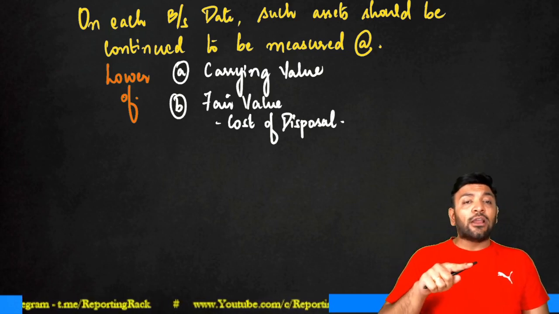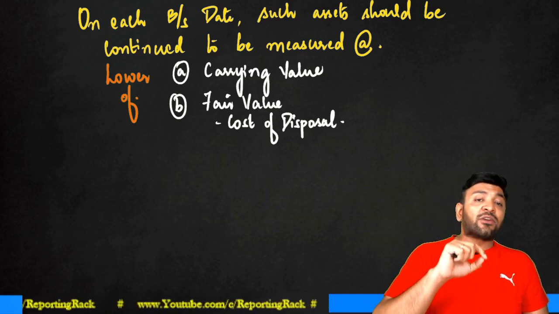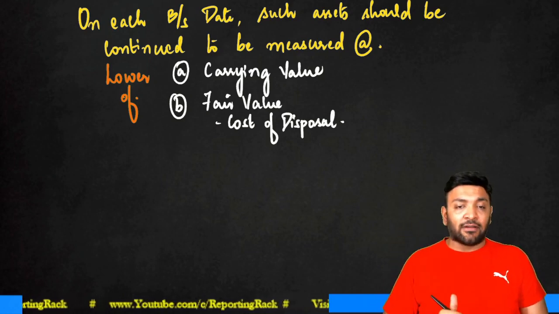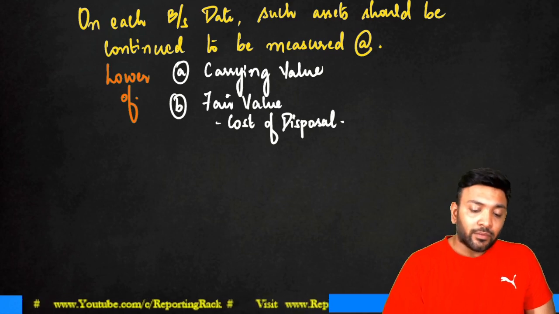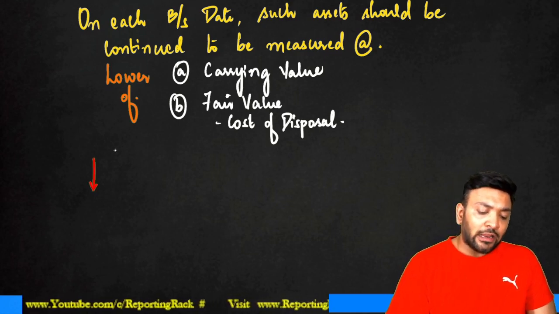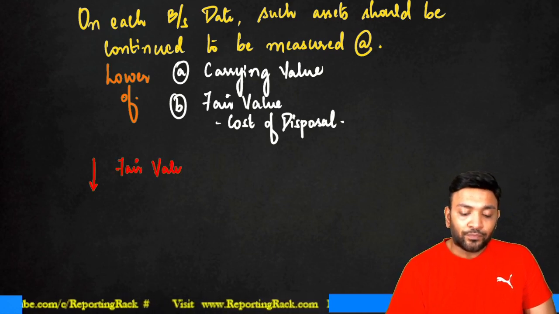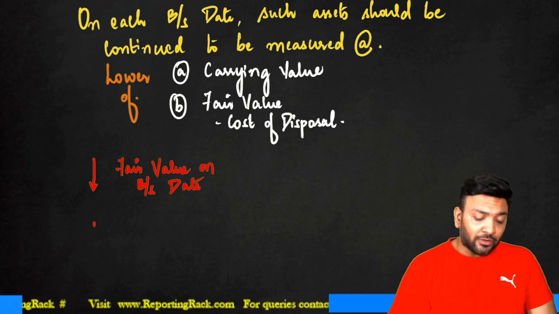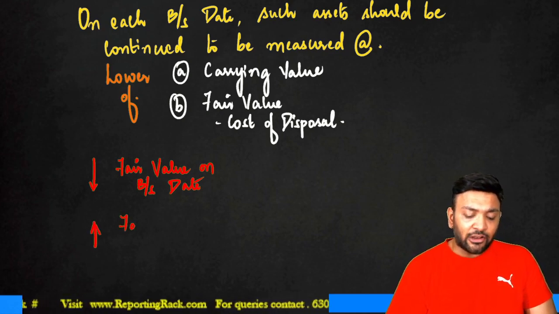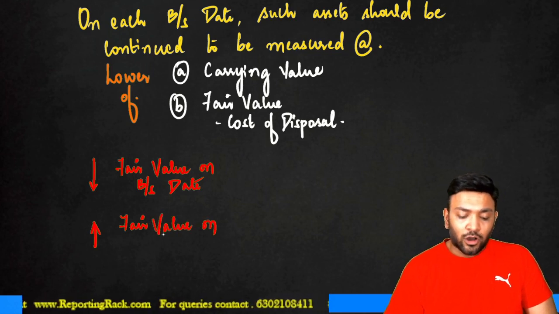What if subsequently on balance sheet date, there is again a fall in the fair value, or what if there is an increase in the fair value on balance sheet date?